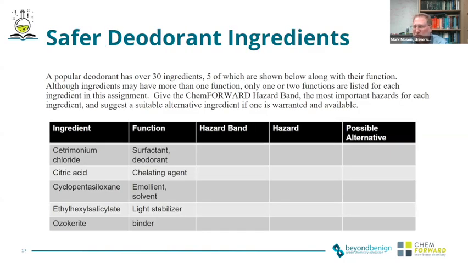So for instance, there's a safer deodorant ingredients assignment where quite a number of ingredients in a commercial deodorant, which we shall not name, are listed, and we request that the students use the ChemFORWARD platform to determine the hazard band for the ingredients, what the important hazards are for each ingredient, and then possible alternatives using the function option or the function pathway in the ChemFORWARD platform.